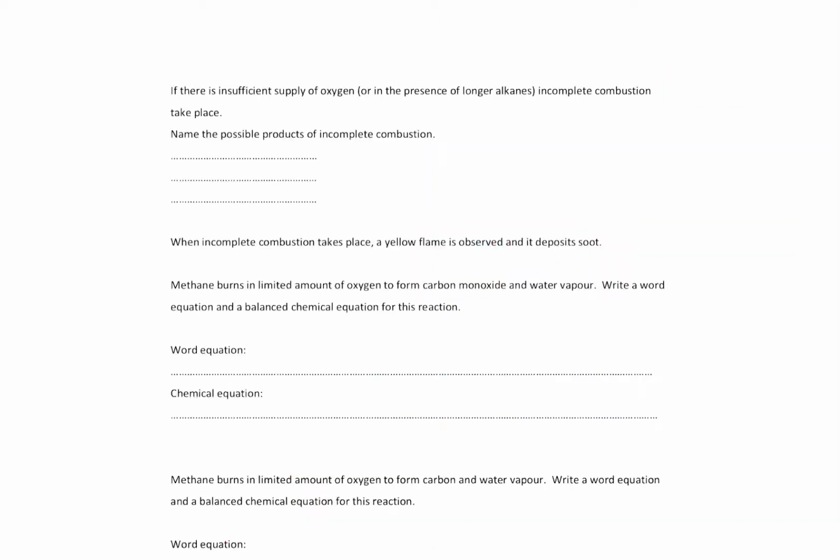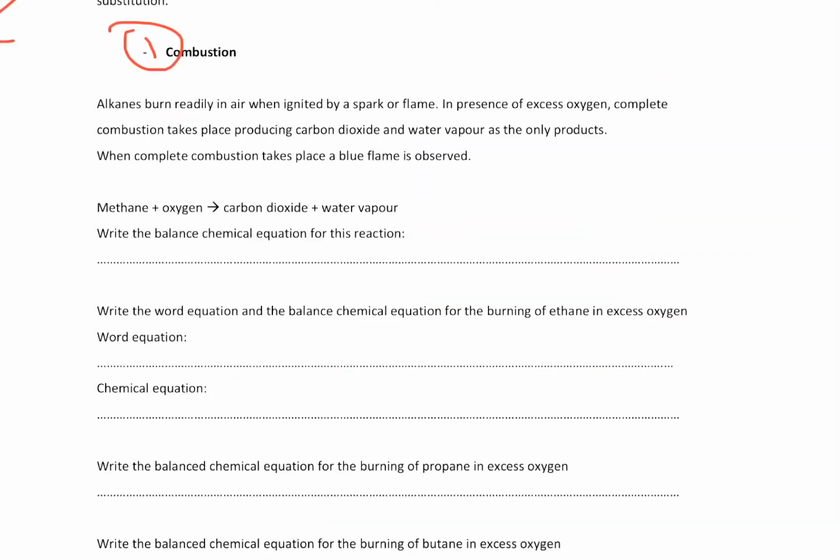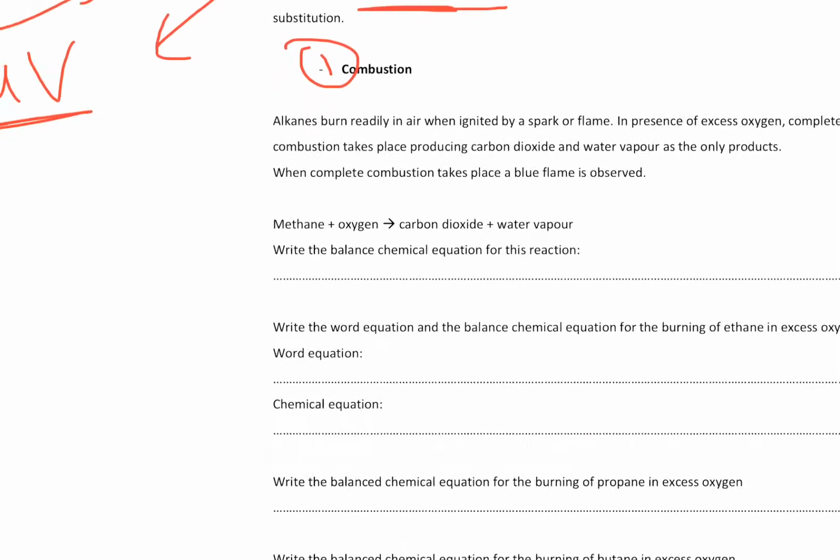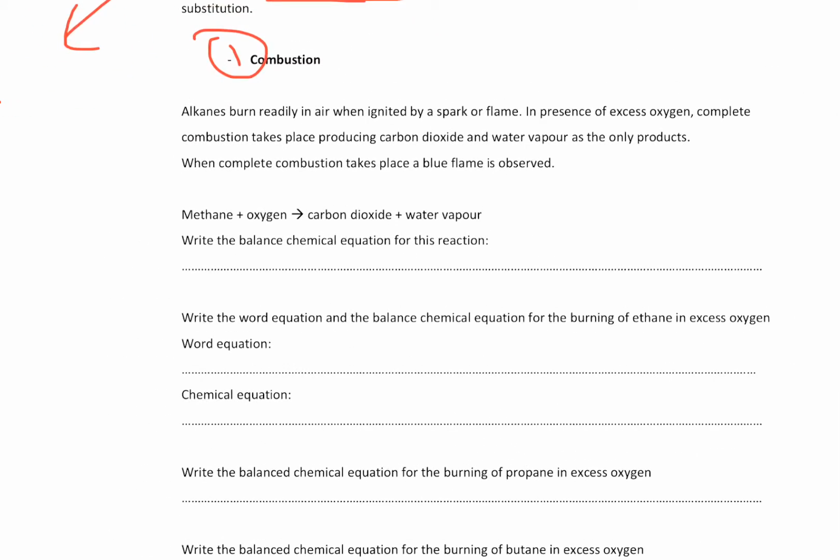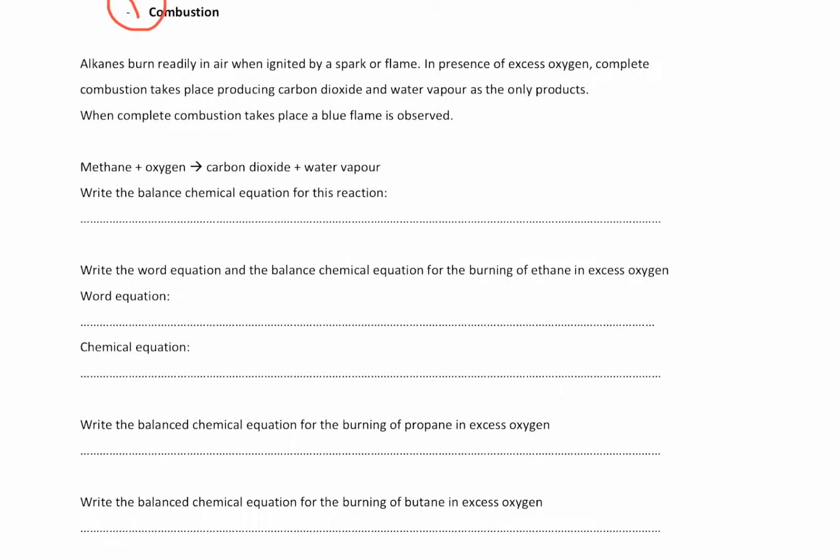So you are now going to complete all these equations. So you just have to be careful. When there is a reaction which is about complete combustion, you will see excess of oxygen. So that shows that there is complete combustion, so you know the products will be carbon dioxide and water vapor.